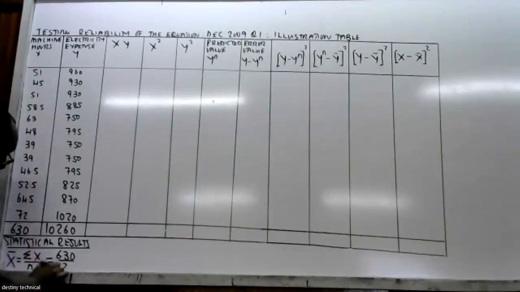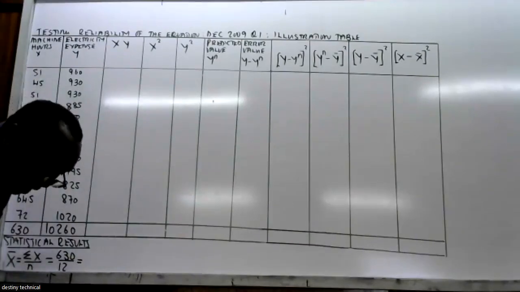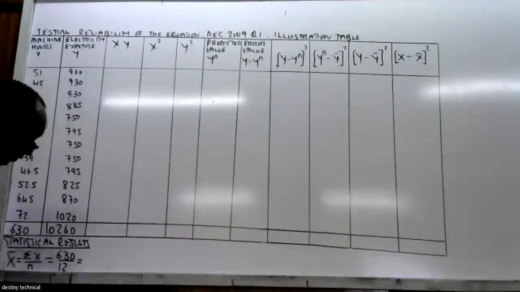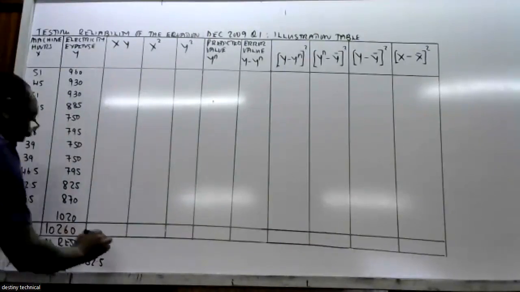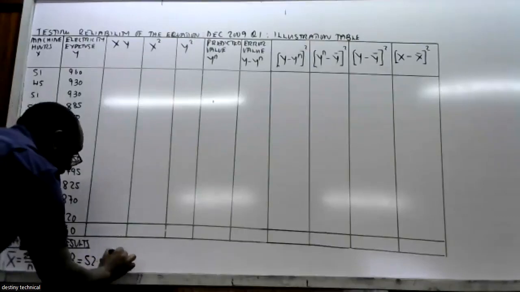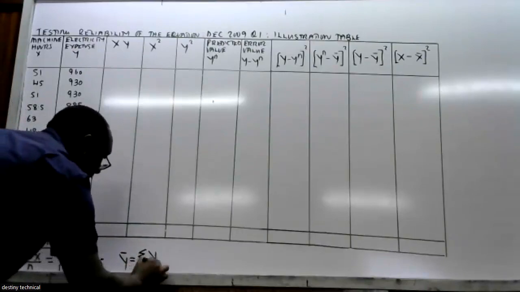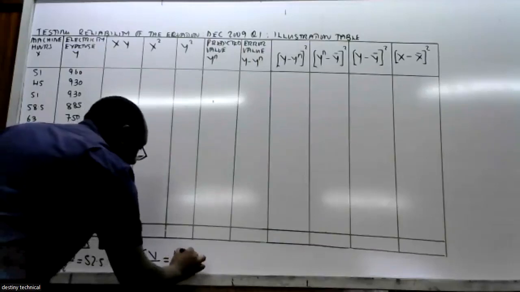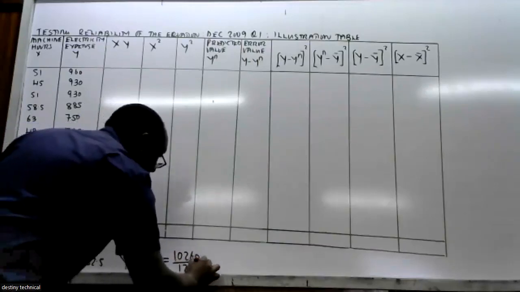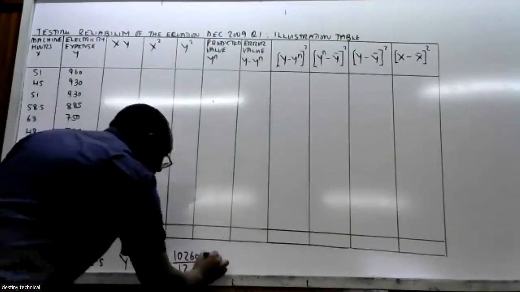So 630 divided by 12 is 52.5. The next result is Y bar, given as sum of Y, you divide by N. So this will be 10,260 divided by 12, which is 855.